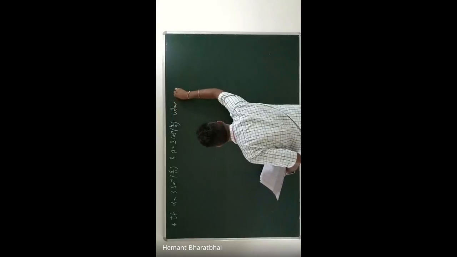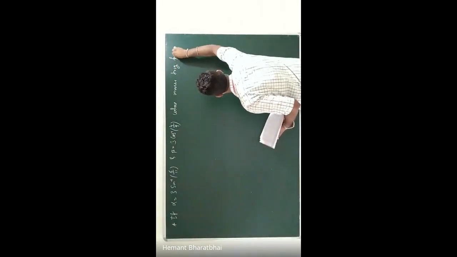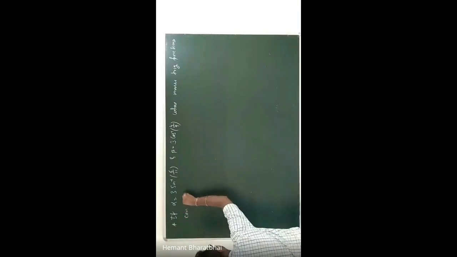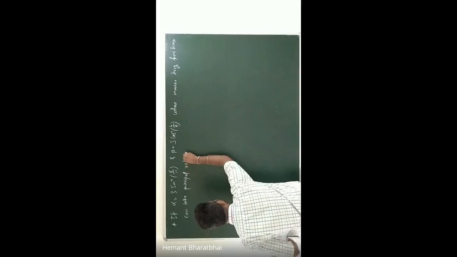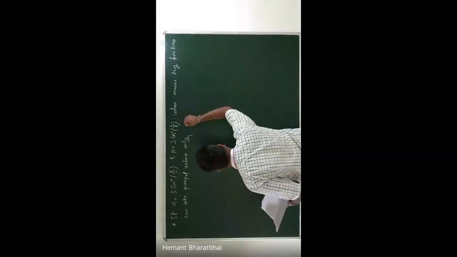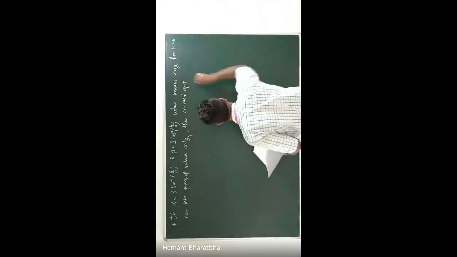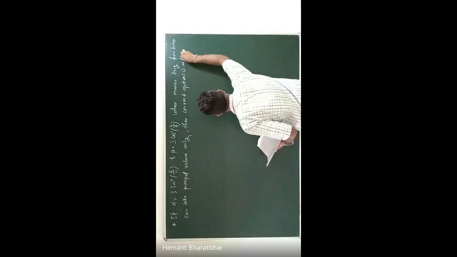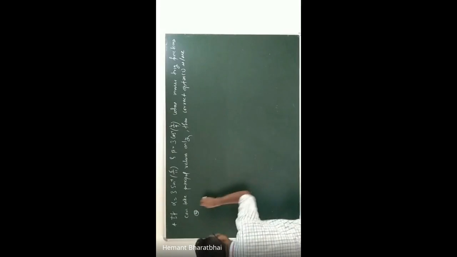Where inverse trigonometric functions can take principal values only, then the correct option is or are: option number one, cos beta is greater than 0.